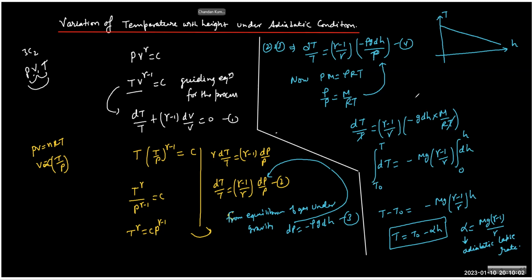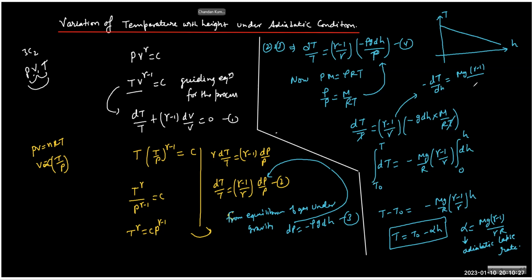And the alpha is basically the adiabatic lapse rate, because if you write dT by dH from this equation itself, you can say minus dT by dH is mg, gamma minus 1 by gamma R. I missed R everywhere.